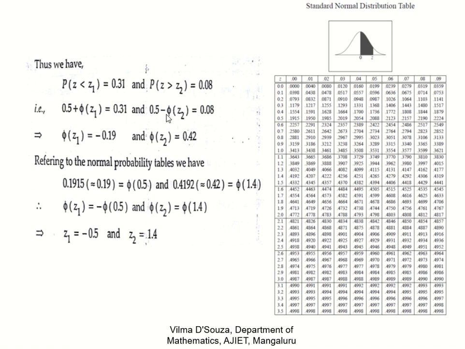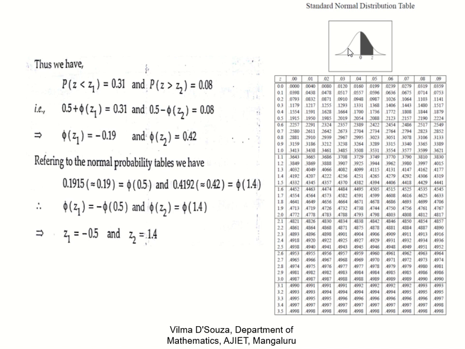Now, you can observe the probability of z less than z1 is 0.31. So it is less than 0.5, so z1 will be somewhere here on the negative side, right? The probability of z taking a value from minus infinity to z1 will be somewhere here, 0.31.